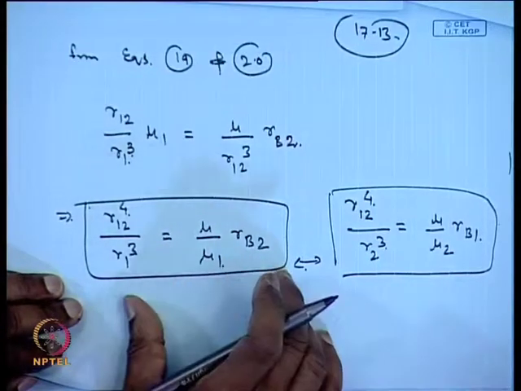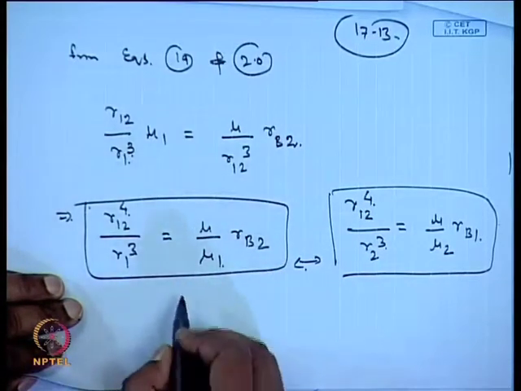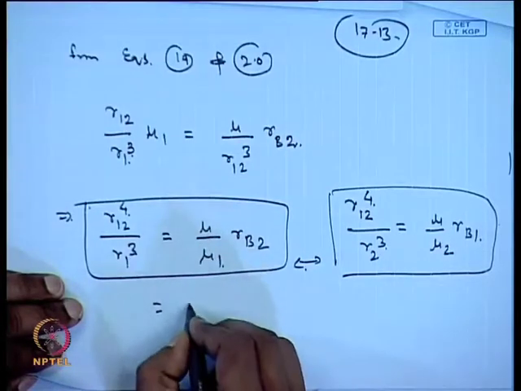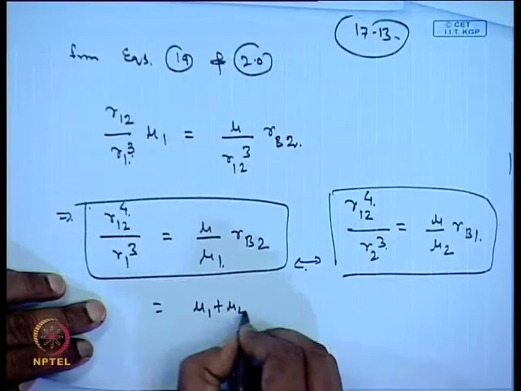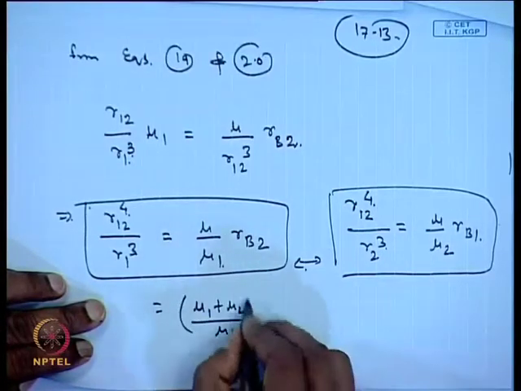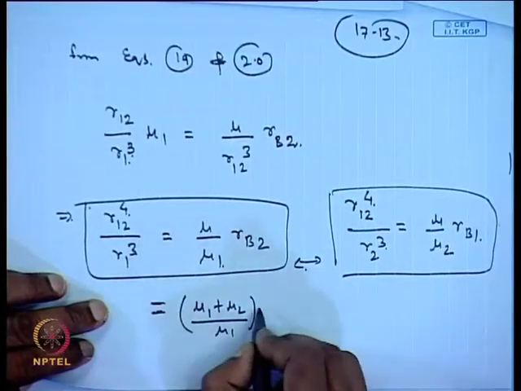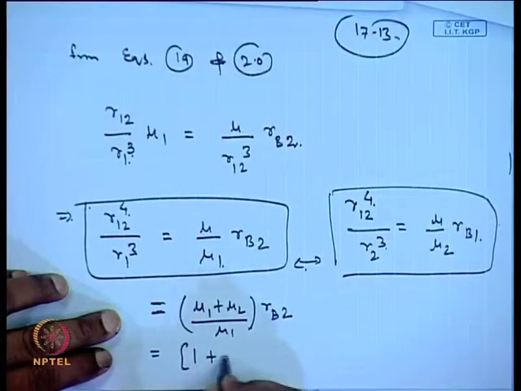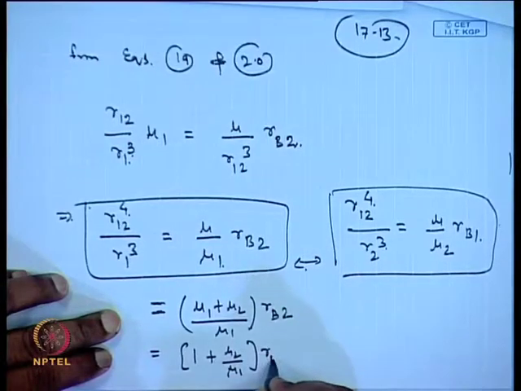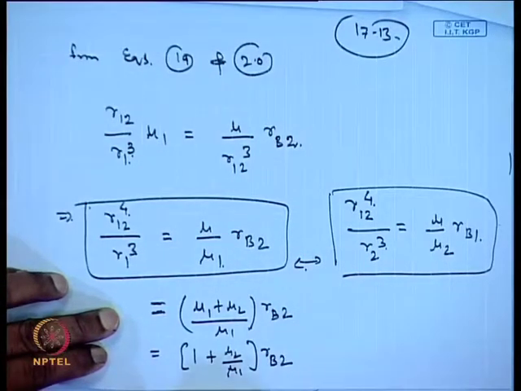So, from here the useful results can be derived. If we expand them further, this can be written as mu 1 plus mu 2 divided by mu 1 times RB2. So, this is nothing but 1 plus mu 2 by mu 1 times RB2.